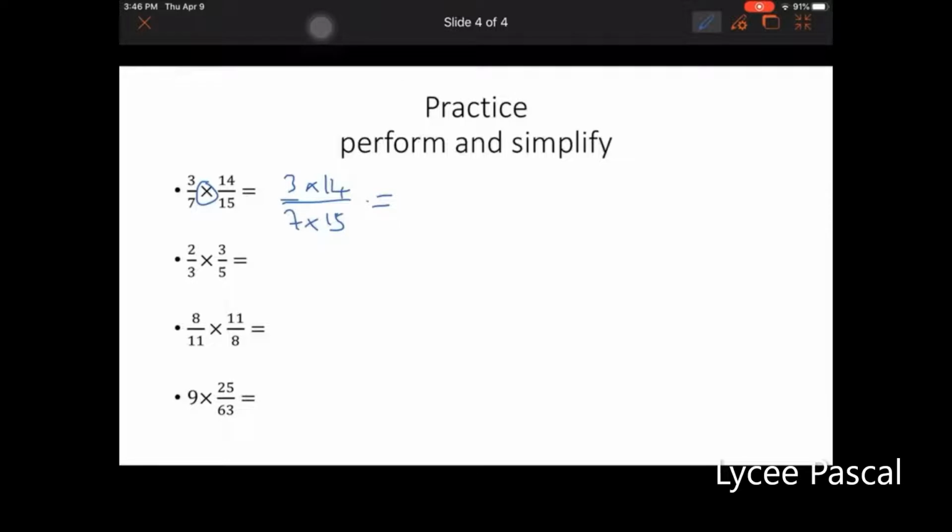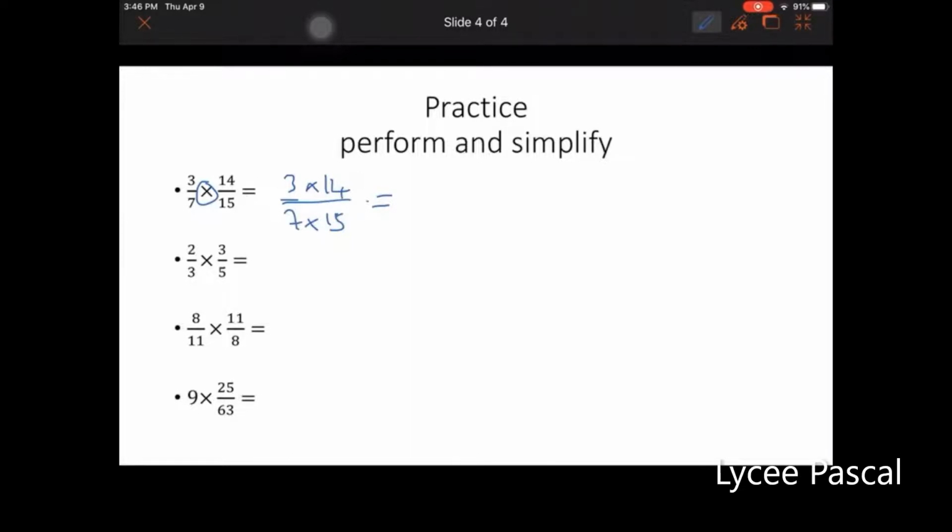Okay. So now pay attention, please. In any fraction, we have a very important property: we can divide the numerator and the denominator by the same divisor. As you see here, in the numerator we have the product of the two numbers 3 and 14, and in the denominator we have the product of the two numbers 7 and 15.